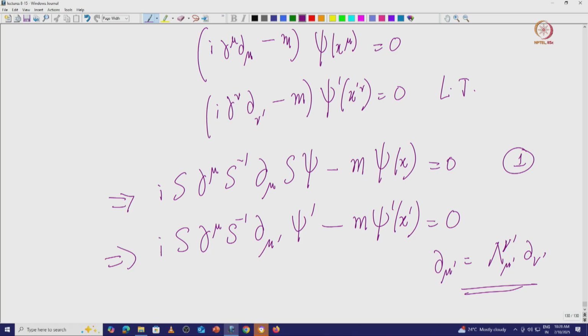Now, this is very important: the gamma matrices should also satisfy some condition. Under Lorentz transformations, on the representation of lambda, they should be invariant. So this condition from 1 and 2 will appear.